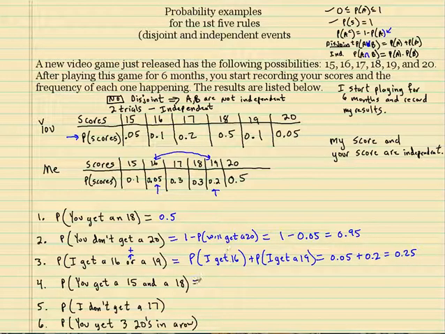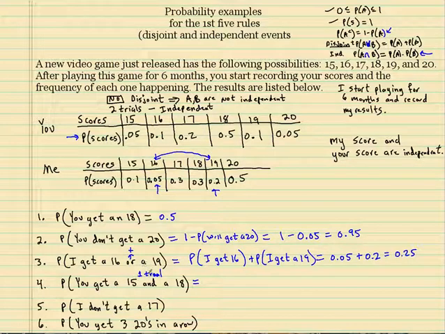Okay? What's the probability you get a 15 and an 18? Okay, it should be a little bit more specific on your trial. So this is on one trial. I want to show you that you cannot use this formula here unless I specify 3 20s in a row. See, I don't say that.